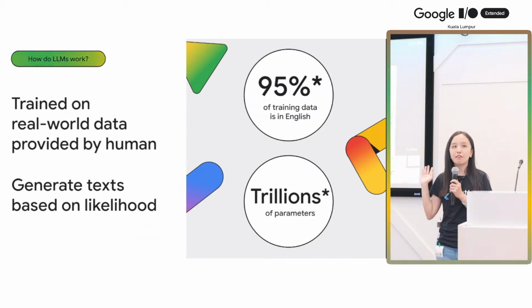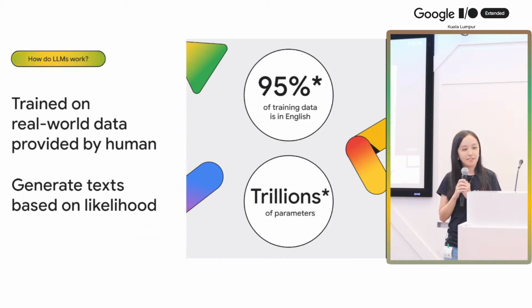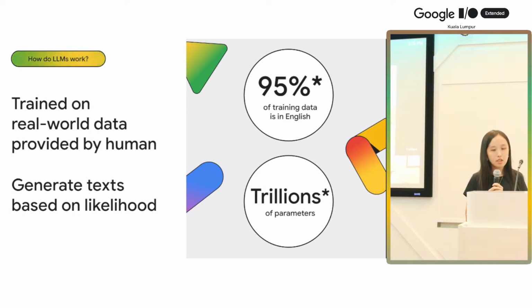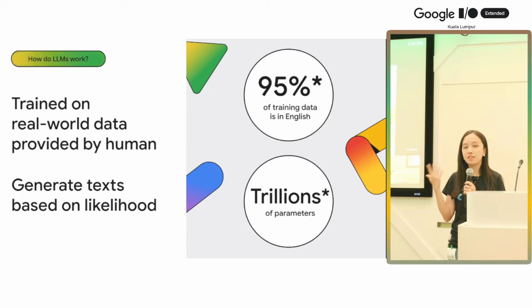It's something I found online. You can safely say that most of the training data is in English, because most of the information online is in English. And for the very huge models, like 1.5 Pro, it is probably trained with trillions of parameters, so it has a lot of information in it.